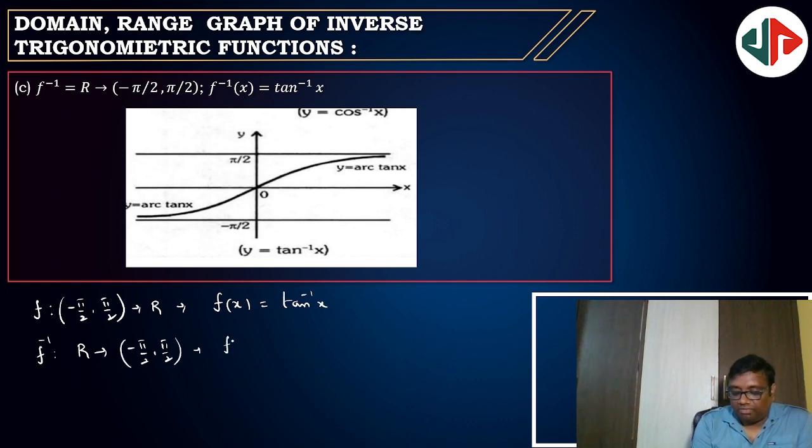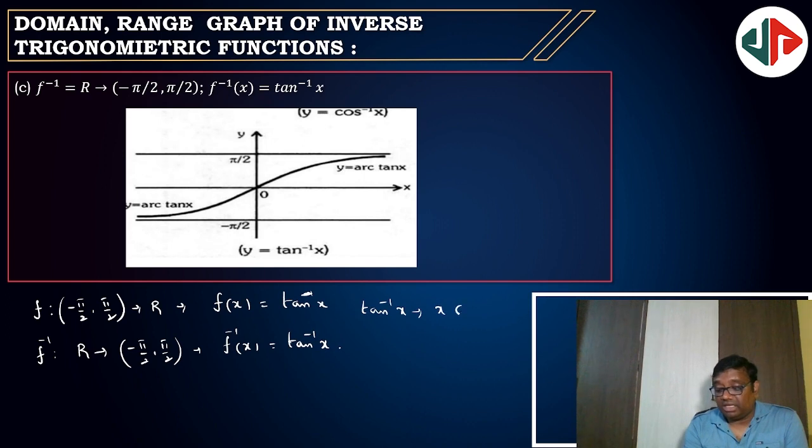So f inverse of x is equal to tan inverse of x. A very important point is that tan inverse of x is defined when x is any real value. What is its range? Minus pi by 2 to plus pi by 2. That is the range.